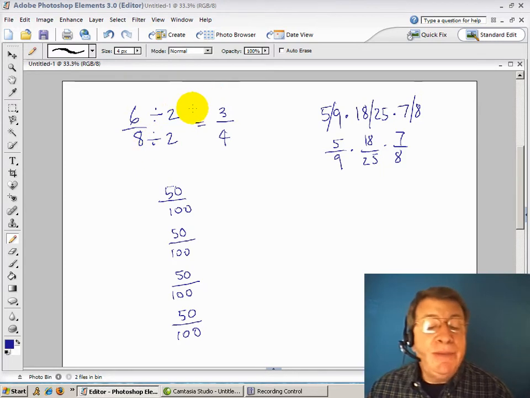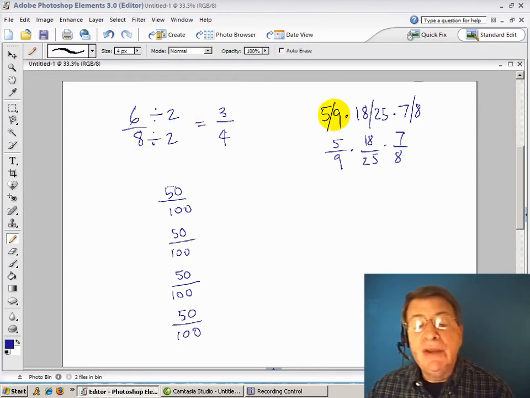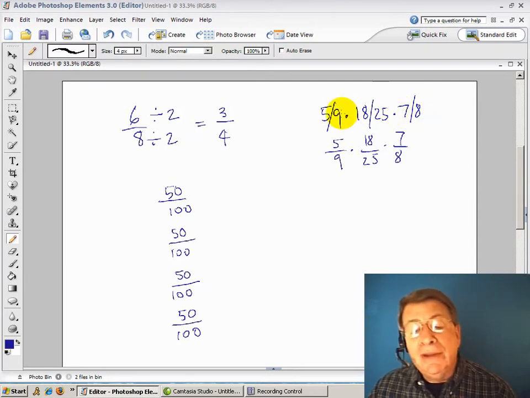Now, I've hardly mentioned the concept of fractions before we get into a debate on how we should write them. As you can see, I've taken the liberty of writing 5/9 times 18/25 times 7/8, but the top form is the way a lot of people want to write it. The bottom form is the correct way of writing it.